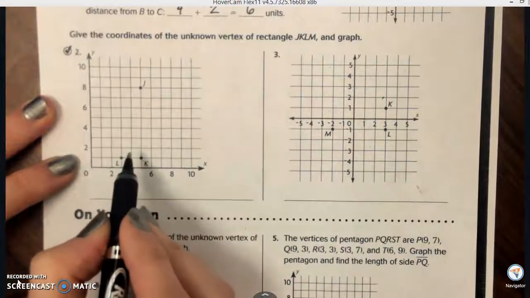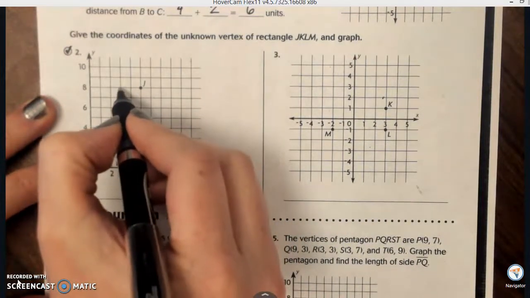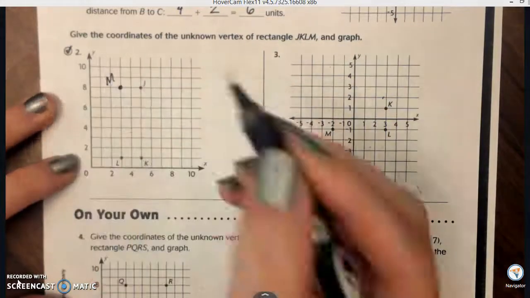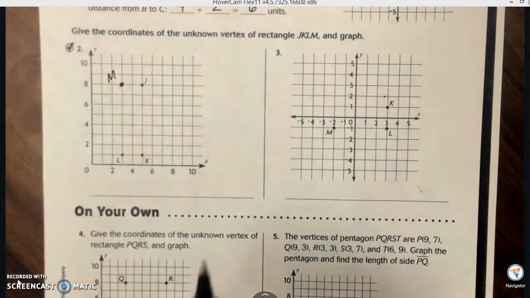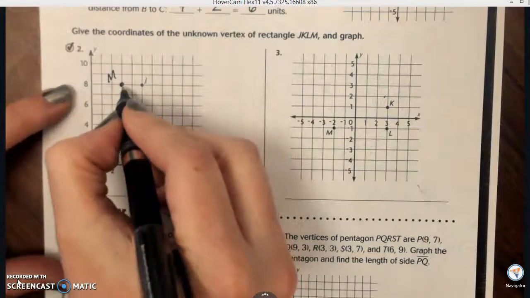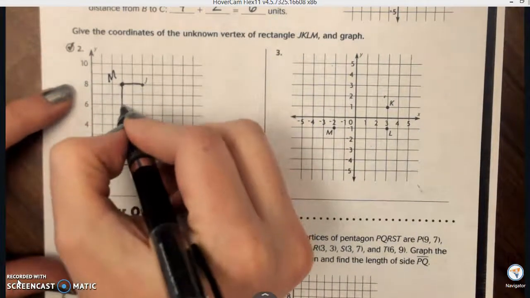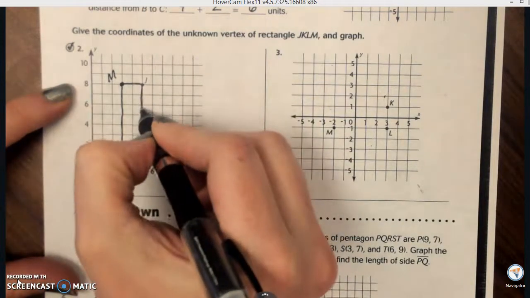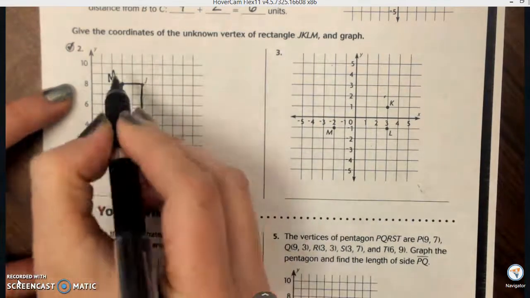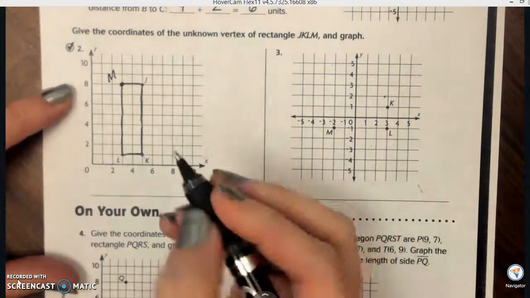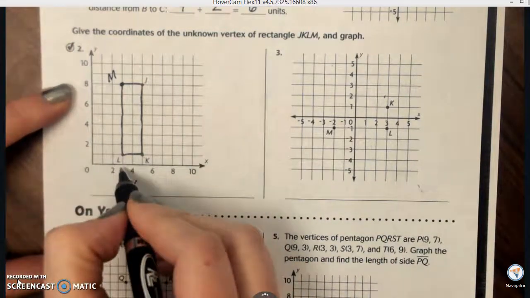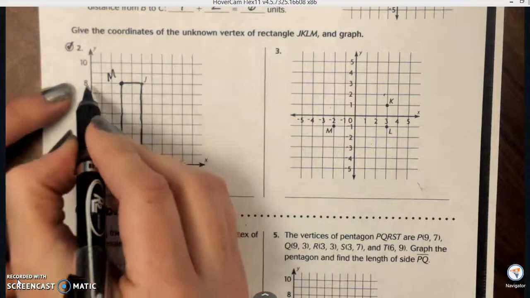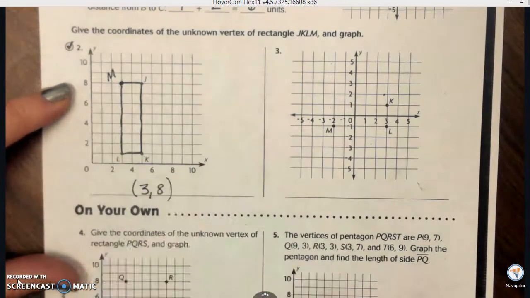And notice the distance here is 2. So if I just start here and go back 2 and plot this, this would be where M would be. And I'm going to go ahead and connect the dots. You wouldn't necessarily have to, but I like being able to see the shape. And some of you would like that also. Alright, so for our coordinates for M, the X value would be 3, because it starts at 3, and the Y value would be 8.